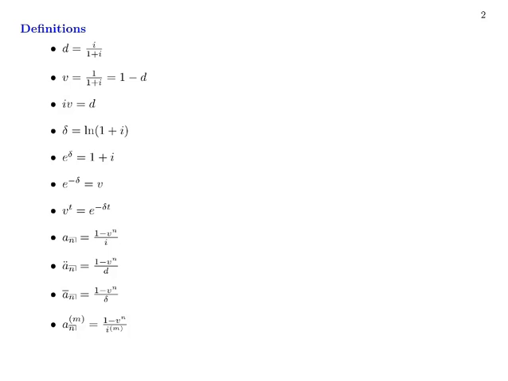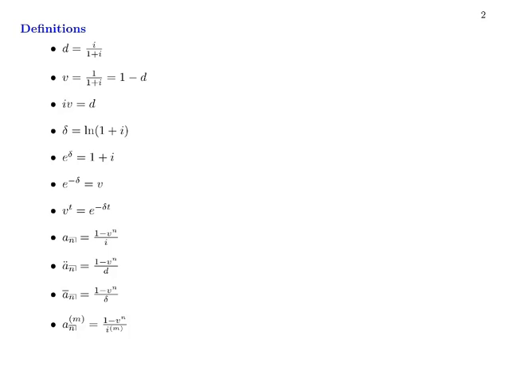I'm just reminding you that in the notation we used there, i is your effective rate of interest and d is your effective rate of discount, and the relationships that we know, for example, d is i over 1 plus i, and v, the discount factor, is 1 over 1 plus i, and v is equal to 1 minus d, and iv equals d.